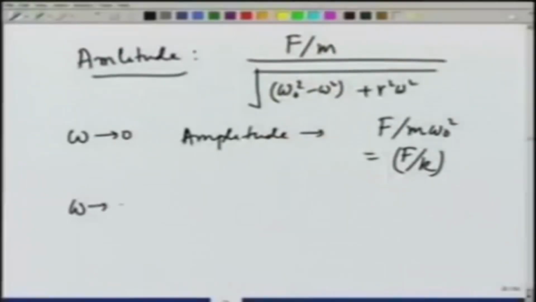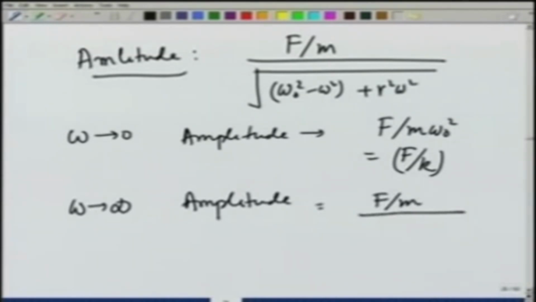When frequency becomes large, the amplitude of the motion goes as f over m divided by omega square, or f over m omega square. I have neglected this term in comparison with omega square.